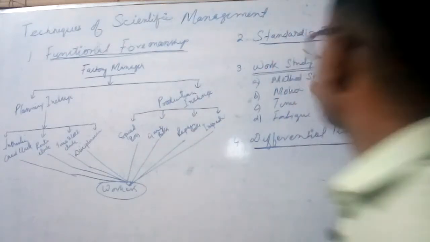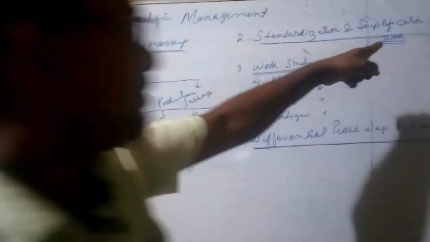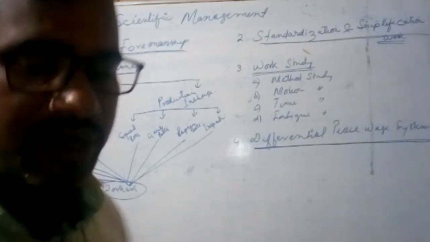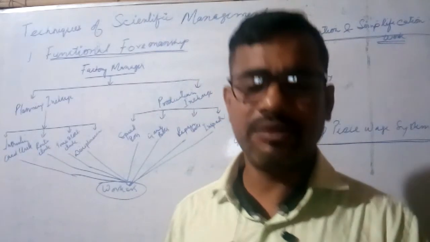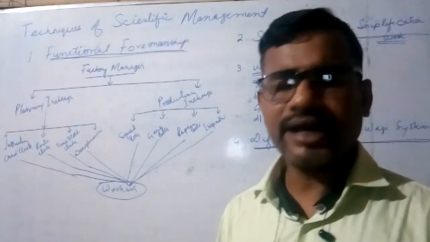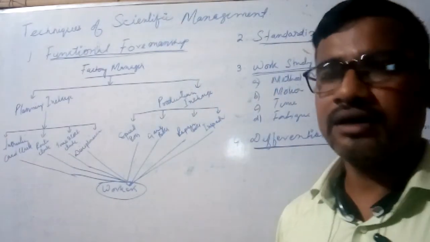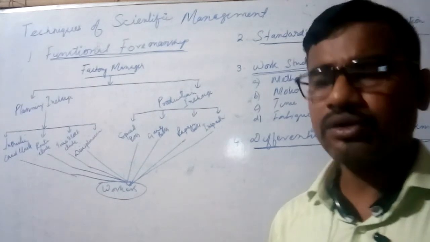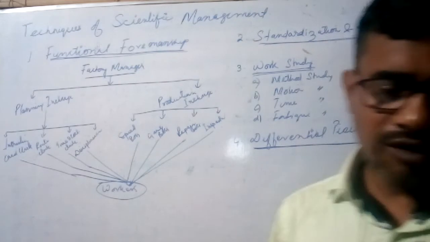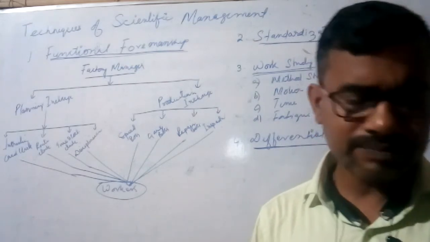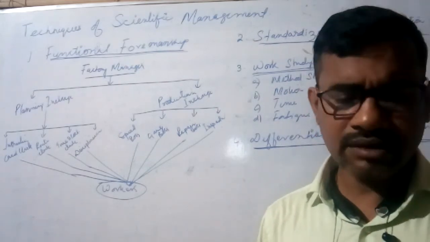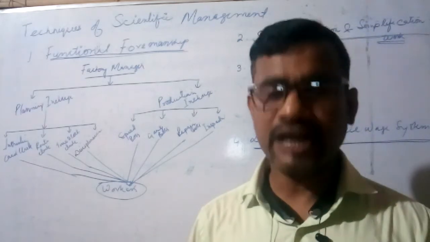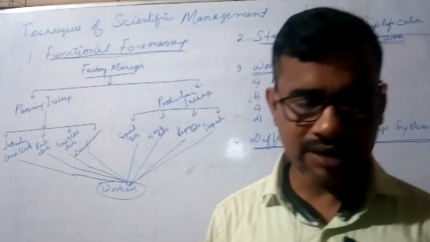Number two is standardization and simplification. So the second principle says standardization and simplification. That means what? The second technique of Taylor says this method of production replaces the rule of thumb method of scientific management that was prevailing in the past.